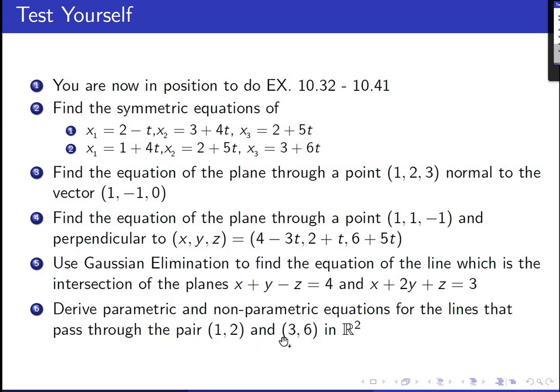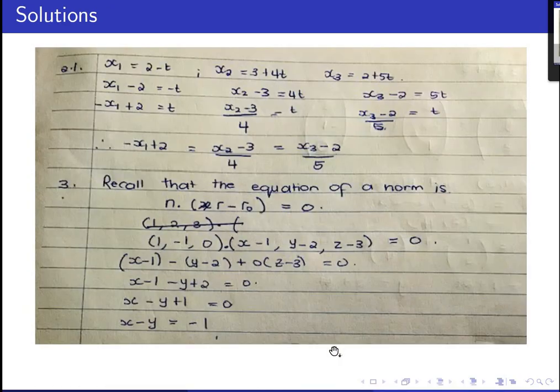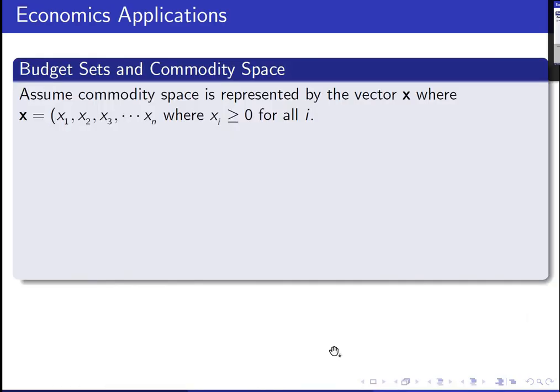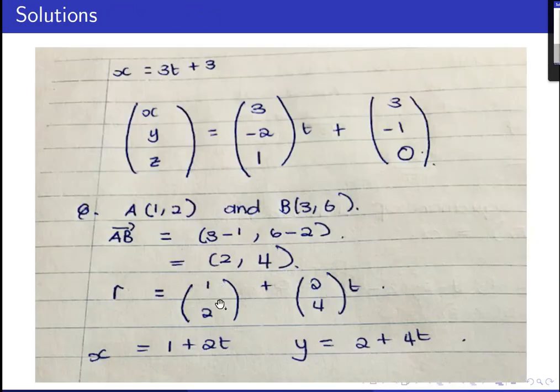Okay, if our line cuts through these two points, in order to find the direction vector, you need to subtract the initial point from the terminal point, which is what I did here.